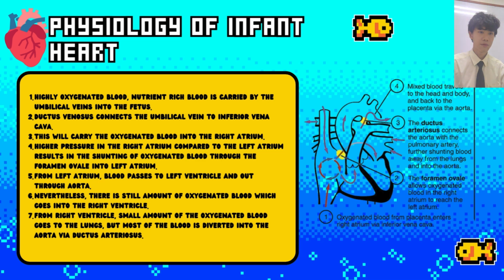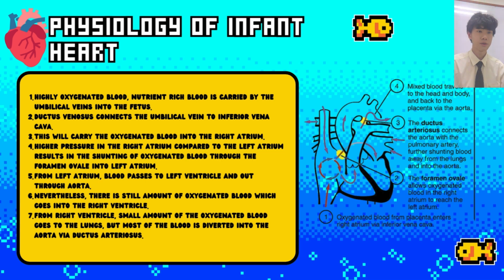From the right ventricle, the blood will pump to the pulmonary arteries and go to the lungs of the infant. But an amount of the oxygenated blood will go to the aorta as a result of the ductus arteriosus. And why is it like that?